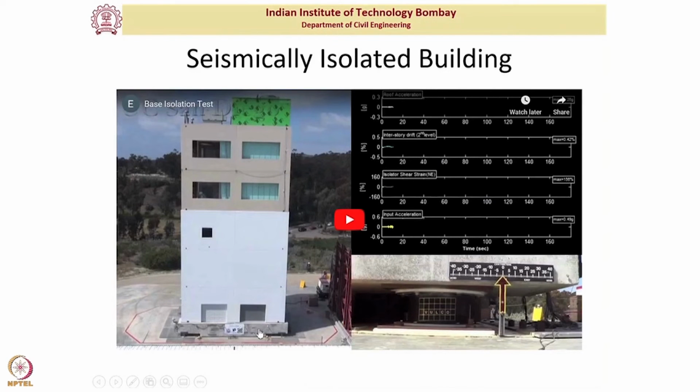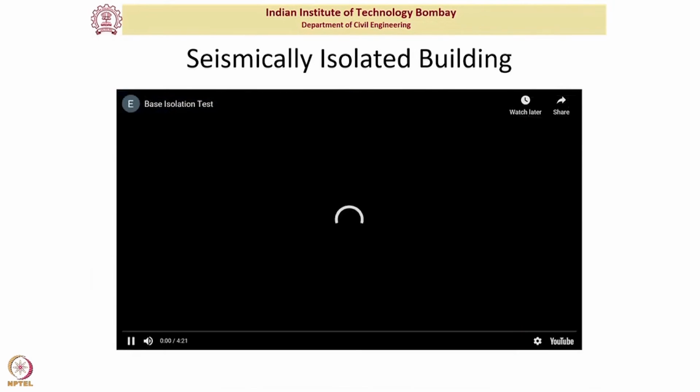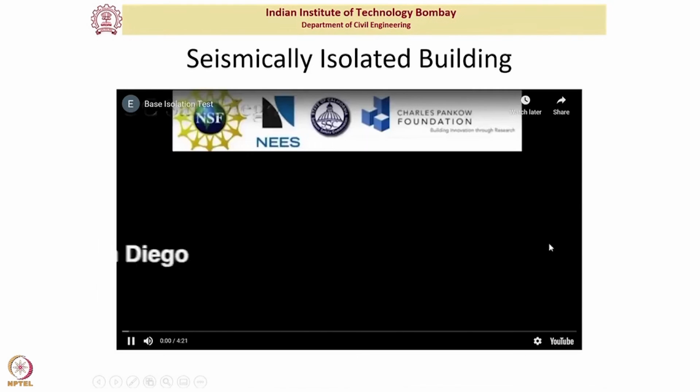On the base, there is a shake table platform, so the ground motion is applied through this platform, and this structure is isolated. Now on the right hand side, you see the magnified view of the isolator below the base mat. Okay, so keep an eye here. I will start the video, and then we'll see.